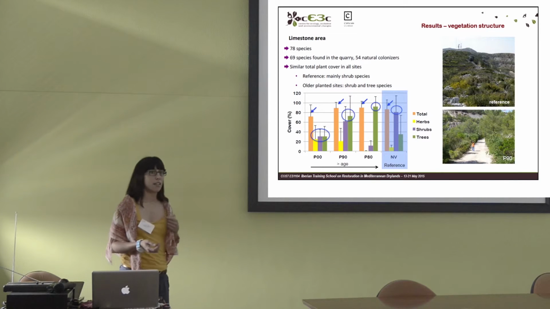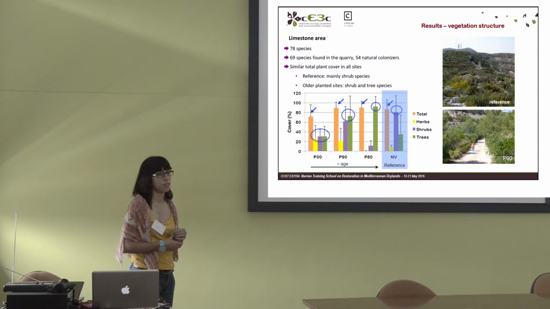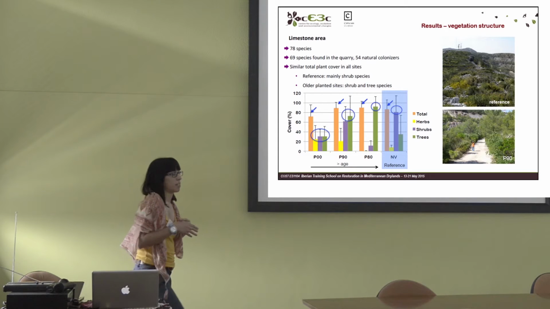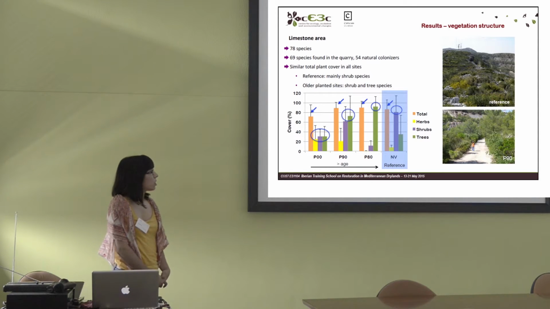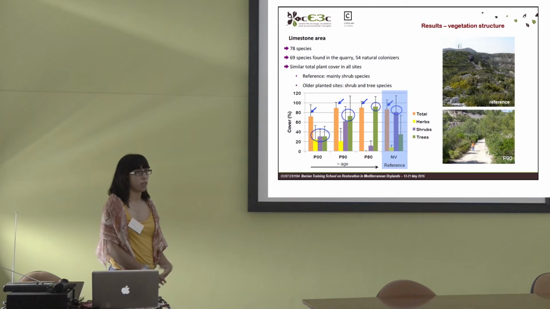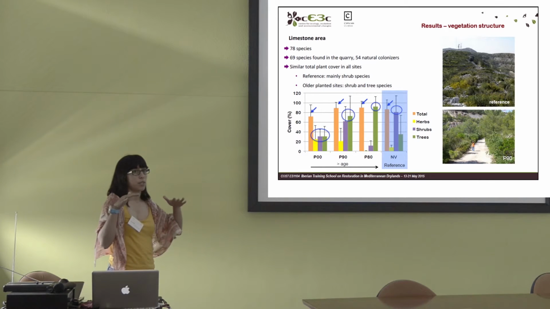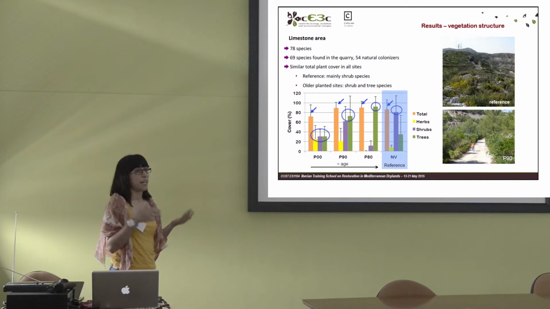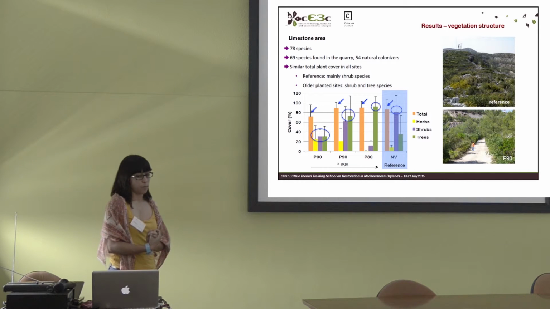Well, this is because we planted Pinus halepensis, which is used all over the Mediterranean basin in restoration. And in the 80s they used to plant a higher number of plants in the platforms. So they form a denser canopy, and it's more difficult for the other species to compete.